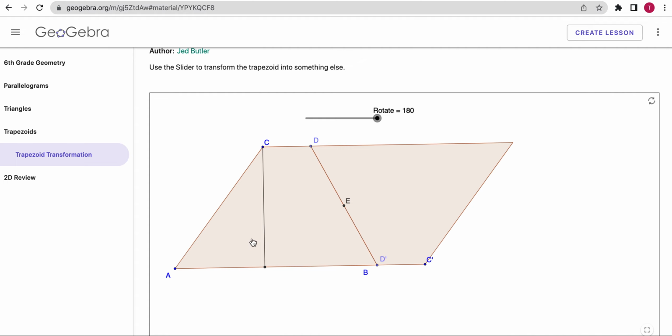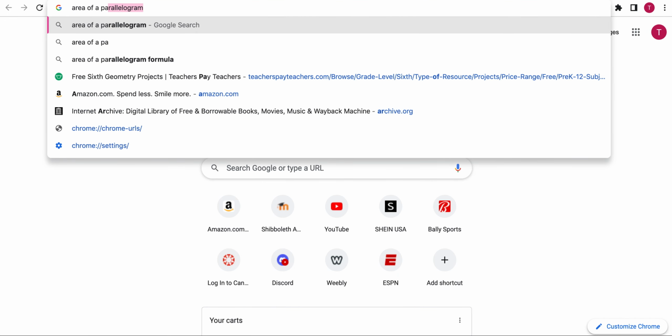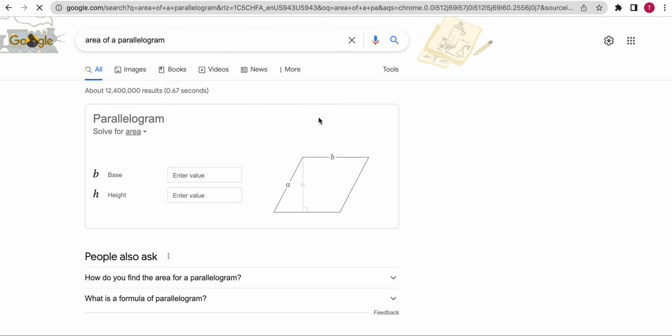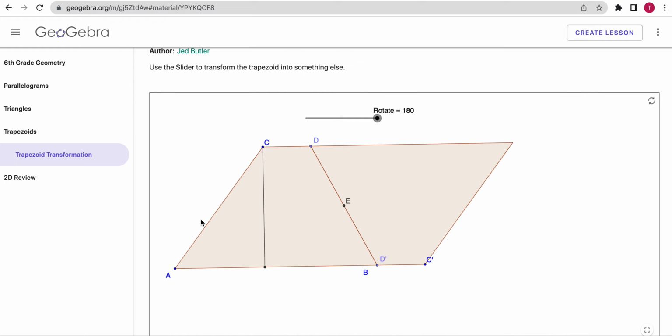Now, if you know the area of a parallelogram, which is base times height, you can calculate the area of both trapezoids by doing base times height.